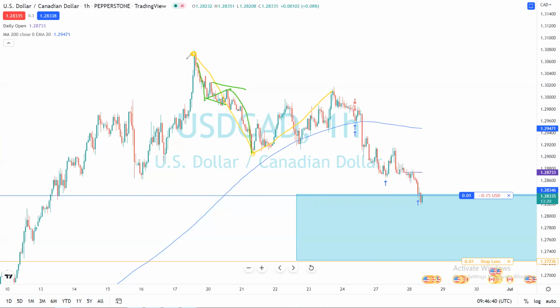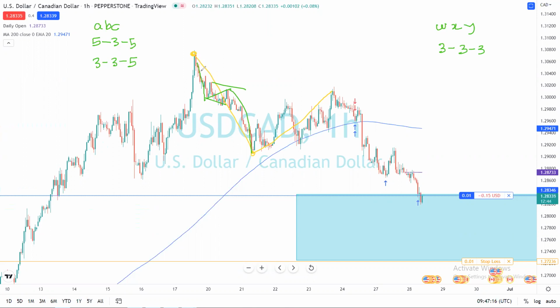So the first wave is three waves. Remember, the ABC corrective structure is a 5, 3, 5, and the WXY is a 3, 3, 3 corrective structure. An ABC can also be a 3, 3, 5. This would qualify as an ABC pattern as well.